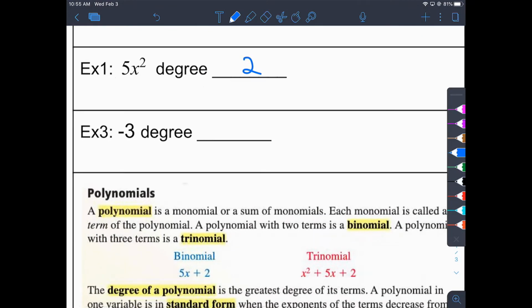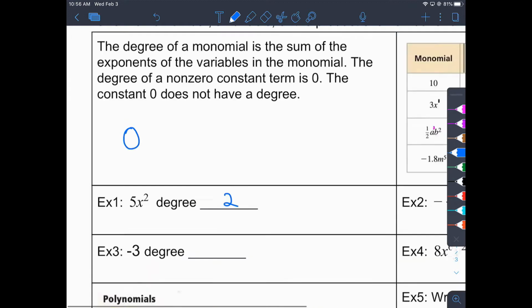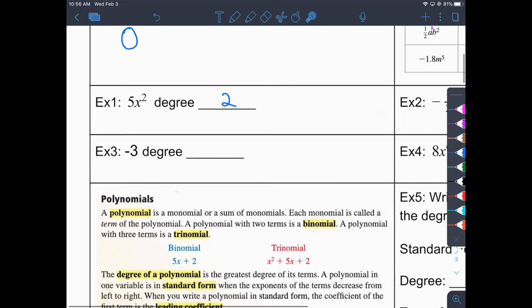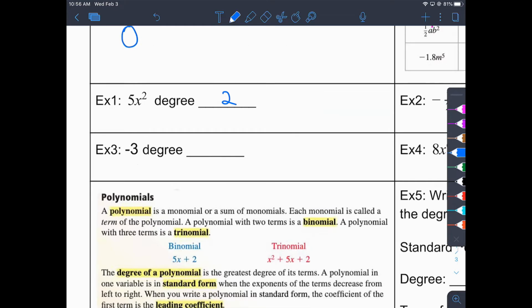Example 3, -3, what's the degree? Well, it does not have any x variables. And we said above that the degree of a non-zero constant, so that is just a number, is 0. So there's no variables, so the degree is 0.